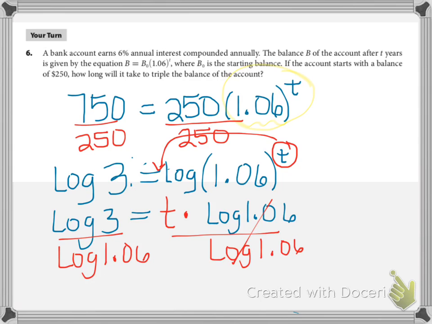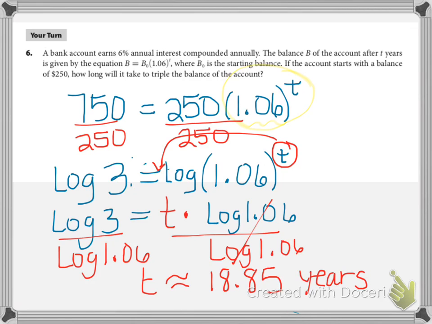The log of 3 divided by the log of 1.06 turns out to be approximately 18.854, so about 18.85 years for the money to triple at that interest rate.